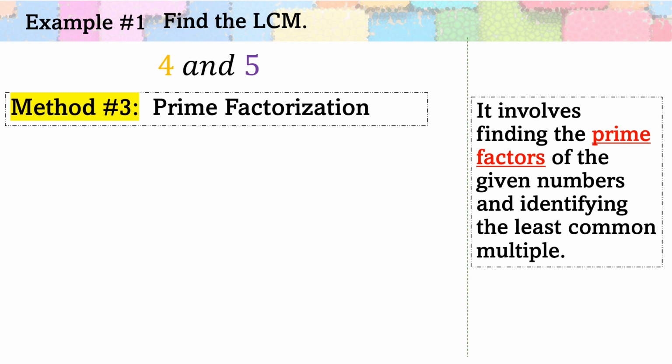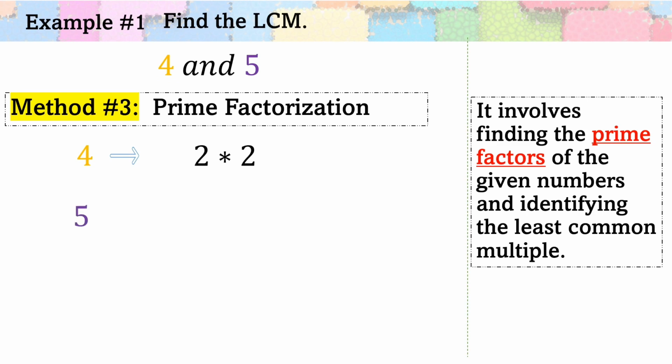Let's try method number 3, prime factorization. It involves finding the prime factors of the given numbers and identifying the least common multiple. Take note, prime factors. Let's start with 4. The prime factors of 4 are 2 times 2.